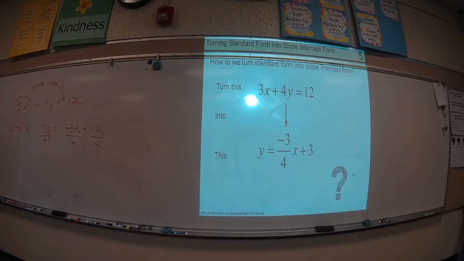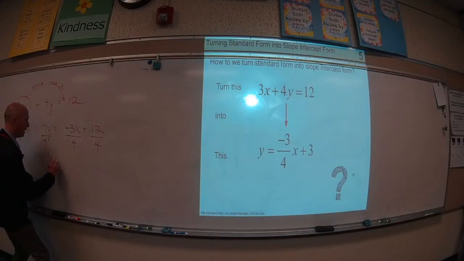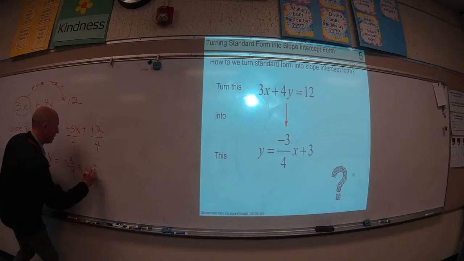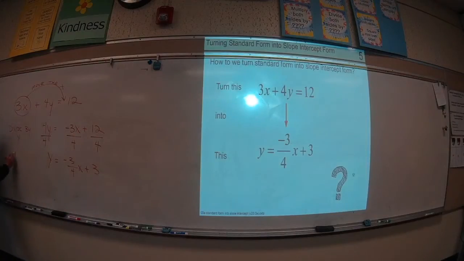Move the x, divide by the y. Then what do I have to do? Simplify. So y equals... What happens to my 4's right there, Sam? It cancels each other out, so it's just y equals negative 3/4 x plus 3. Simplify.